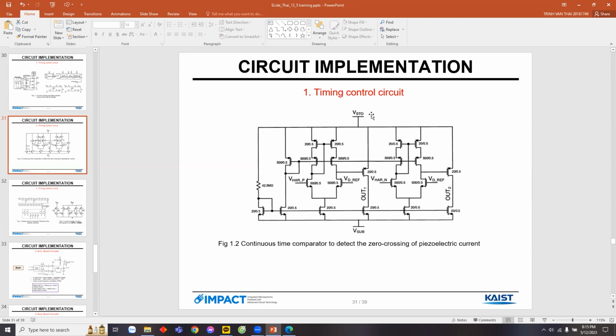I have no time to teach you the circuits. Okay, thank you. You can Google it, for example, continuous comparator, and there are a lot of things on Google. You can read and check.